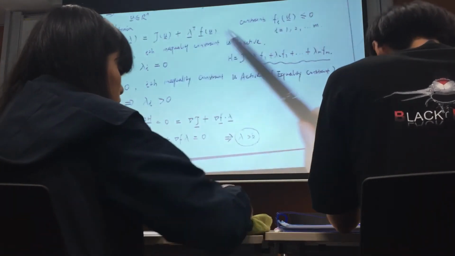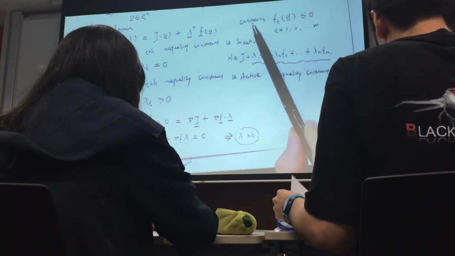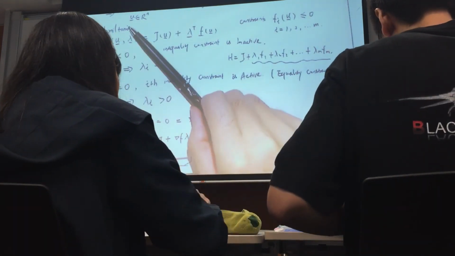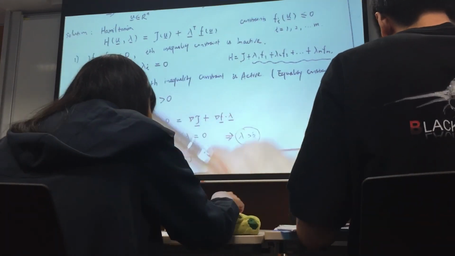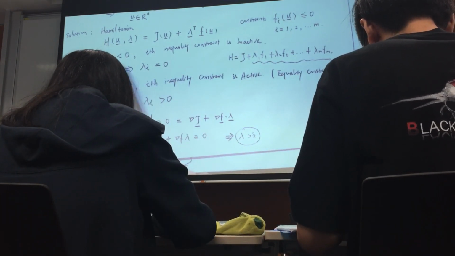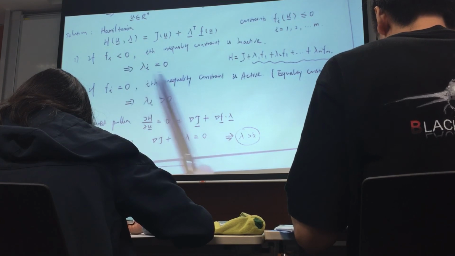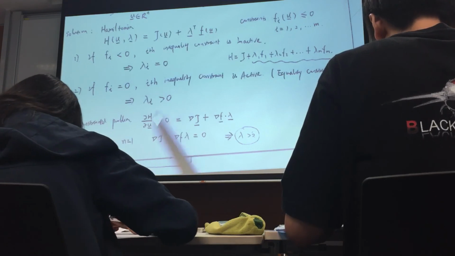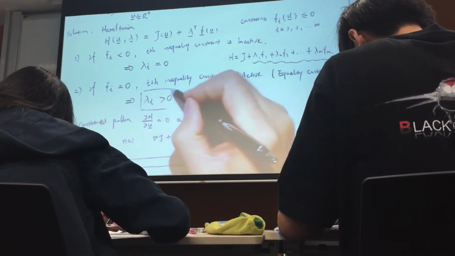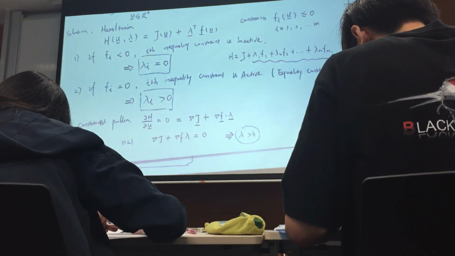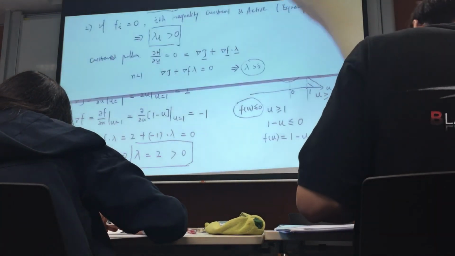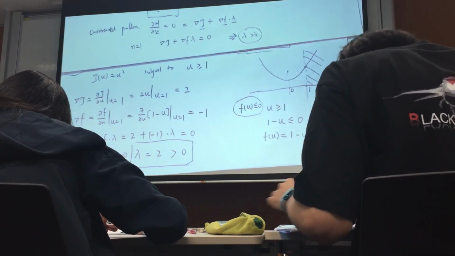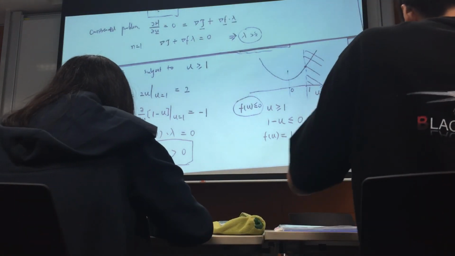To solve this kind of problem with inequality constraint, you also need to construct the Hamiltonian. From the Hamiltonian, we have these two scenarios. If the constraint is not active, then the Lagrange multiplier will be 0. If the constraint is active, then the Lagrange multiplier must be greater than 0. Okay, so that's all for today.